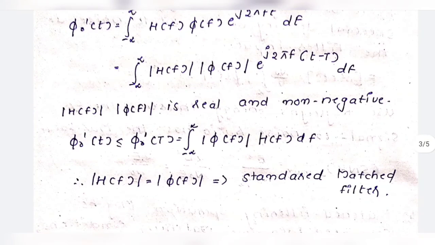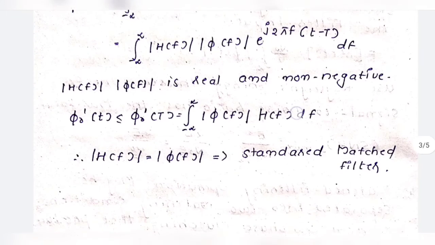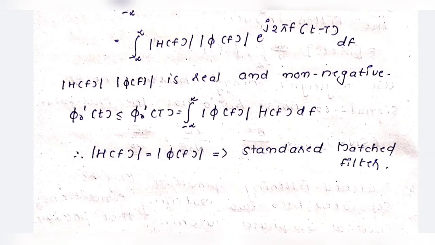Here the modulus h of f and the modulus phi of f is real and non-negative. So phi naught of t is less than or equal to phi naught of capital T, which is equal to integral minus infinity to infinity modulus phi of f h of f df. So here therefore modulus h of f is equal to modulus phi of f. It is standard matched filter.